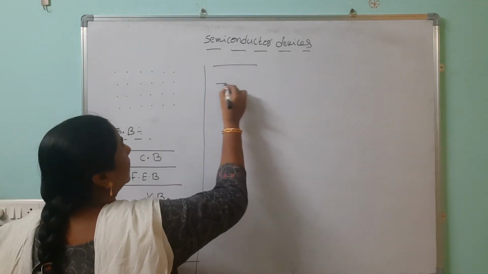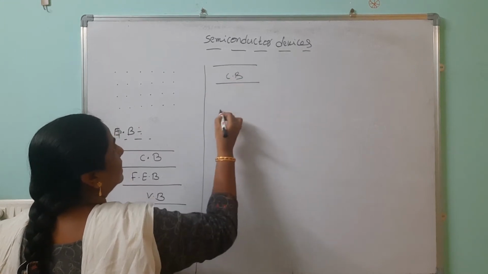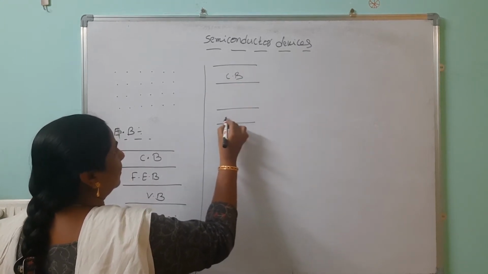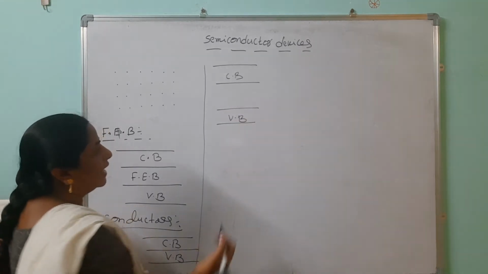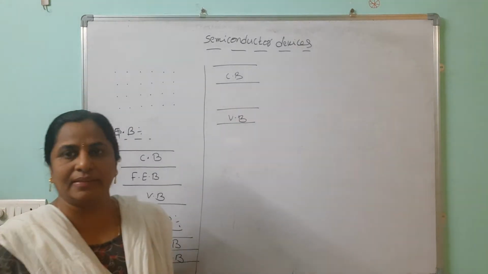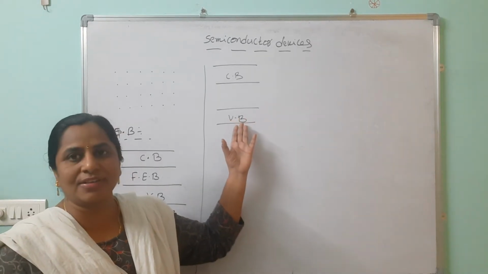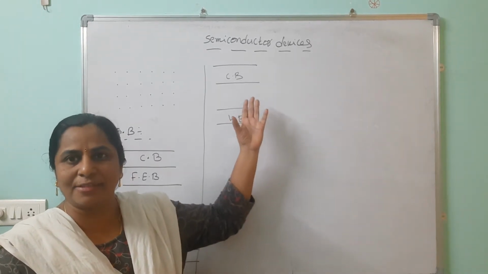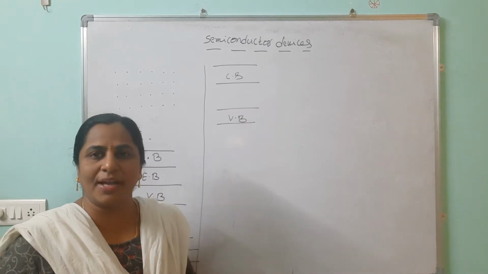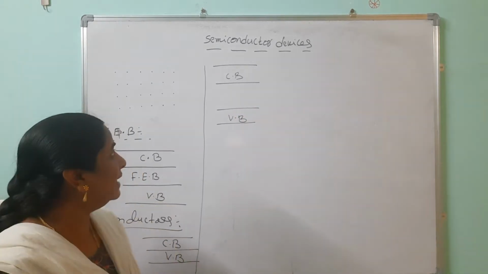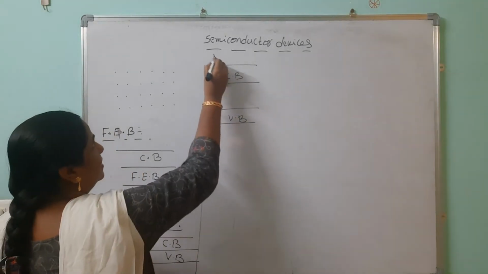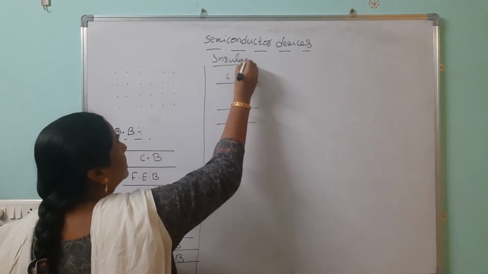This is the conduction band and this is the valence band. But here we should observe an energy gap of 5 electron volts. Even if we provide some energy, these electrons cannot jump from the valence band to the conduction band. So there are no free electrons available. This is the case of insulators.